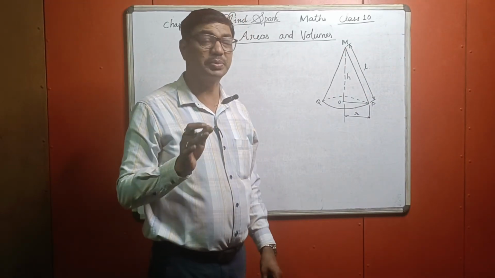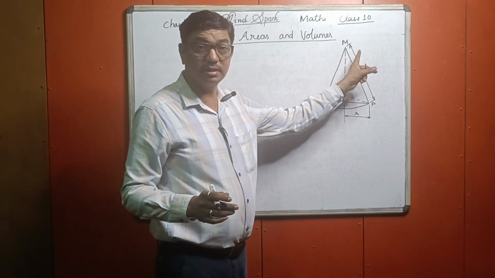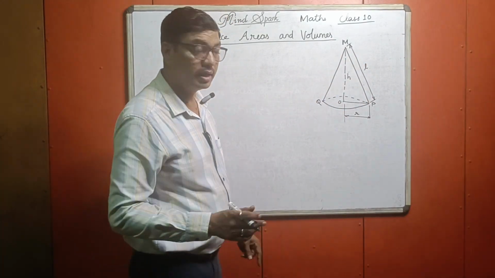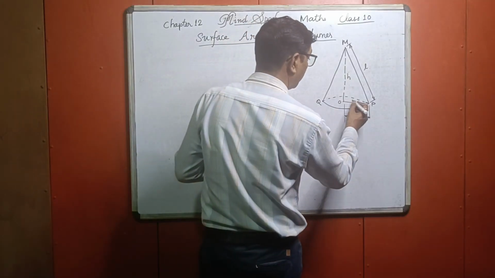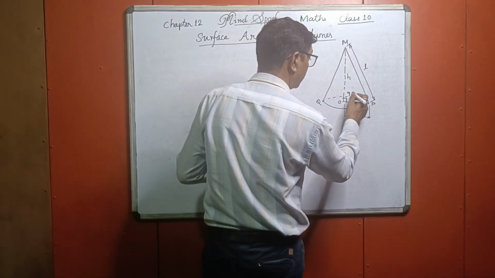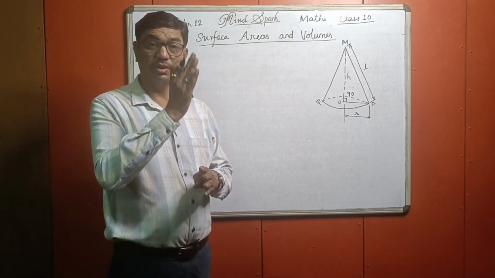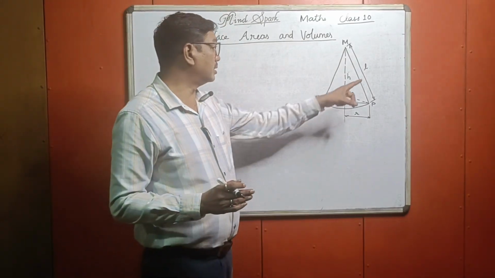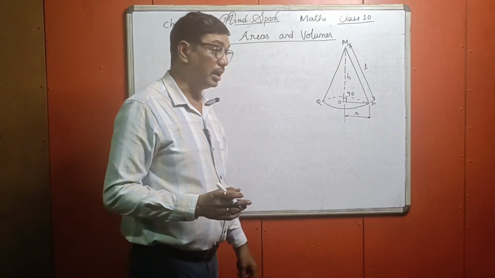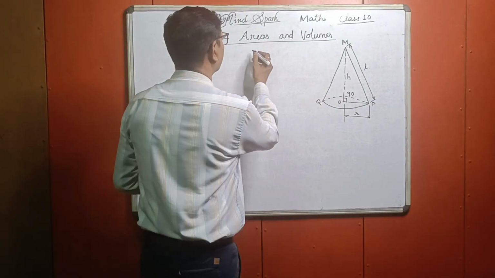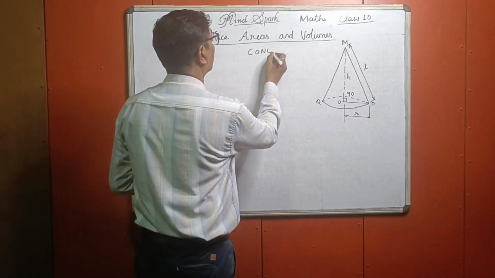There is a difference between L and H: L is slant height and H is the vertical height, and the radius is OP. The angle between height and radius is always 90 degrees because it is vertical. These are the dimensions for a cone.